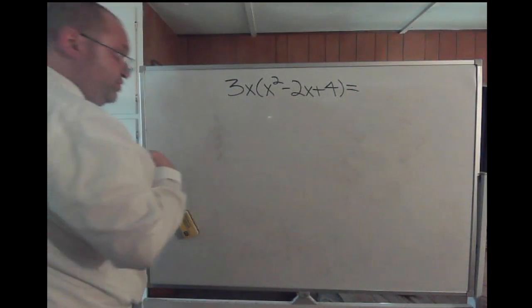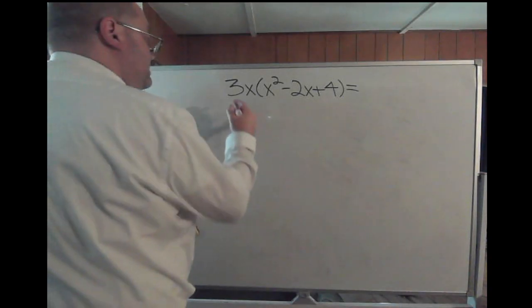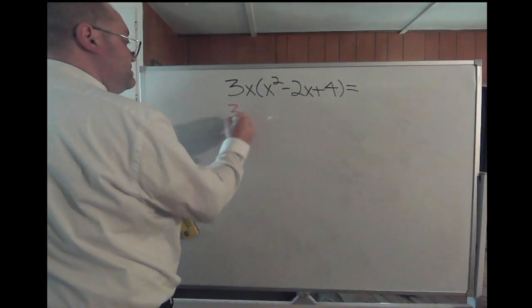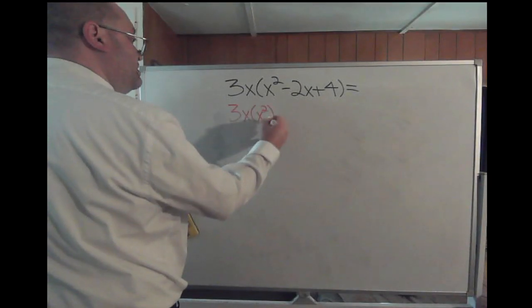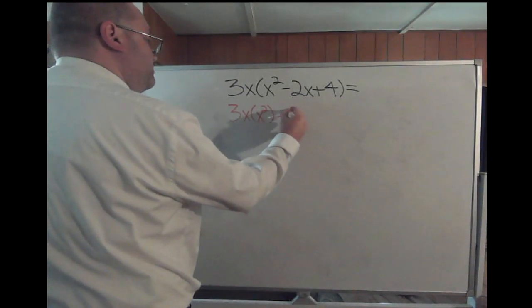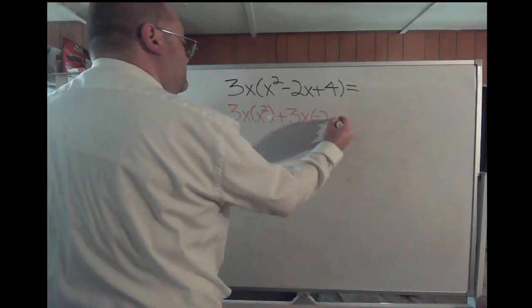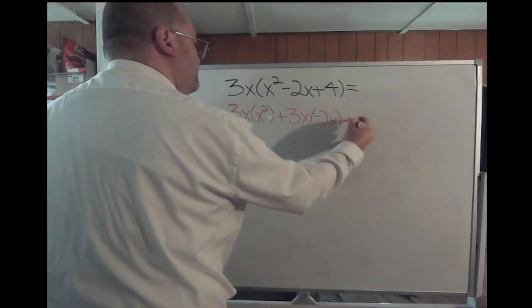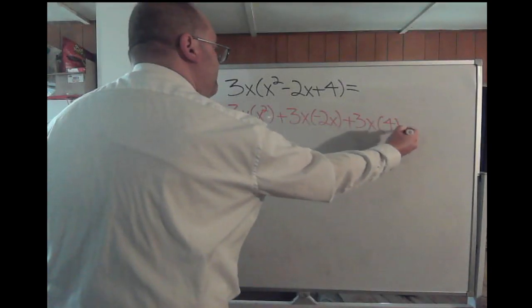Well, we have a triple distributive, but it's still a distributive property nonetheless. You're going to take that 3x, you're going to multiply it by the x squared first. Then you'll take plus the 3x, you'll multiply it by that negative 2x, plus the 3x, you'll multiply that by 4.